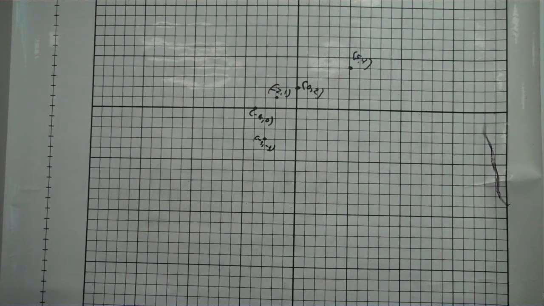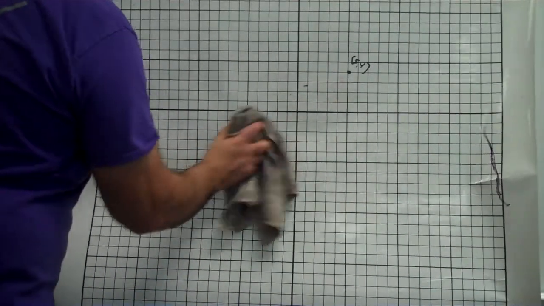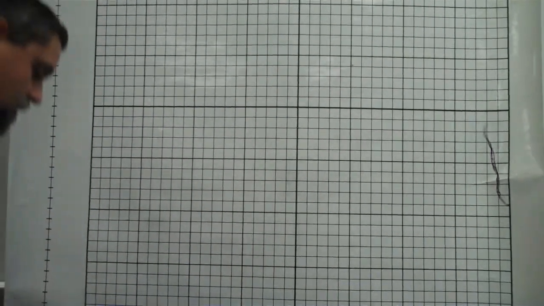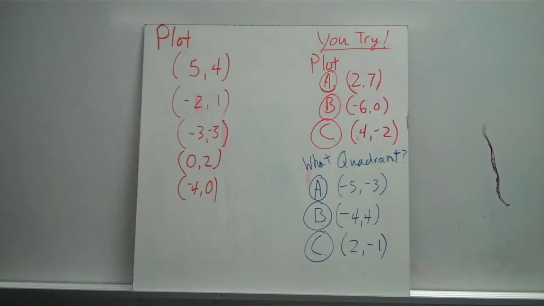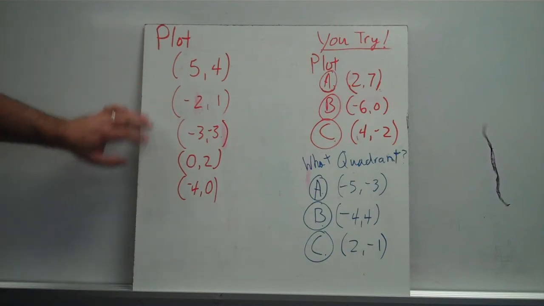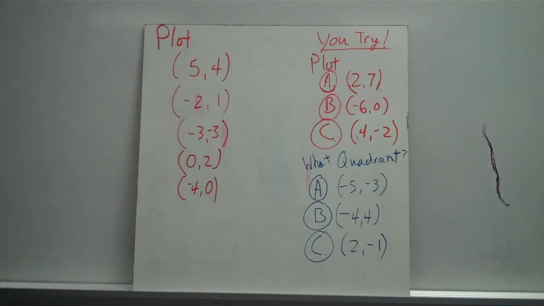Okay, so we're going to do some U-tries right now. Let me erase this real quick. Okay, so on the left-hand side are the coordinates that we just plotted.